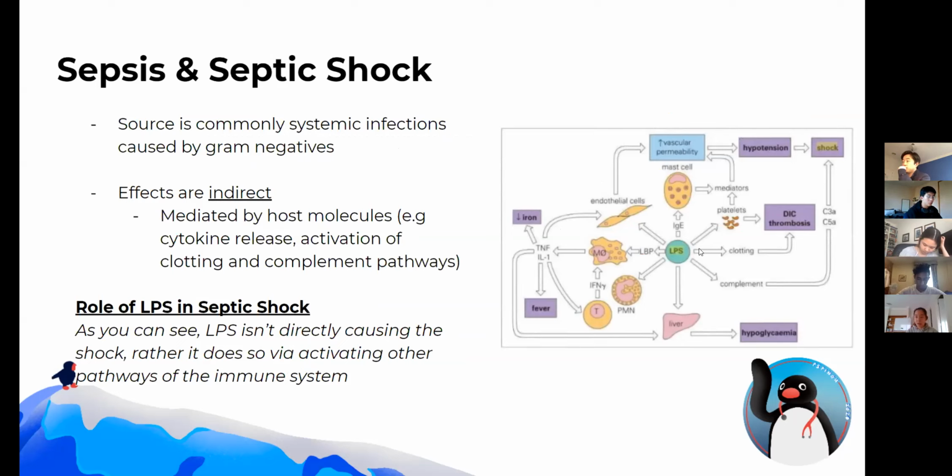LPS doesn't directly cause shock straight away. LPS does a lot of things, such as initiating cytokine release from our immune system and activating clotting and complement pathways. All these things together then indirectly cause septic shock.